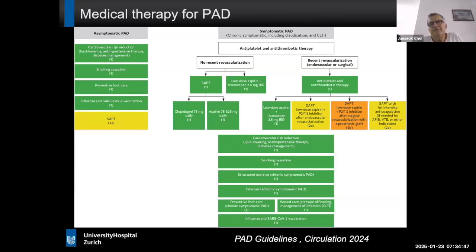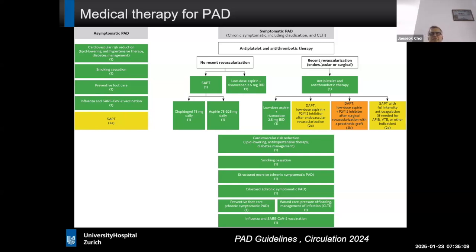I'd like to finish with this last treatment. We were discussing last week what we should do with the patient, and according to the guidelines, these are all recommendations which are really based on strong clinical evidence.